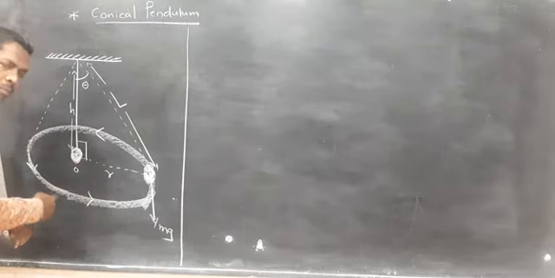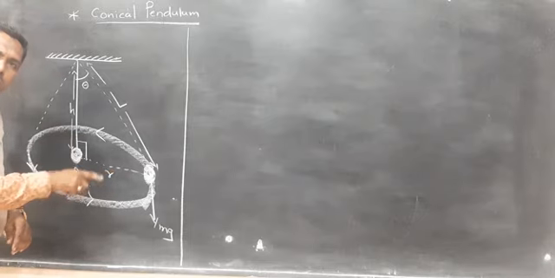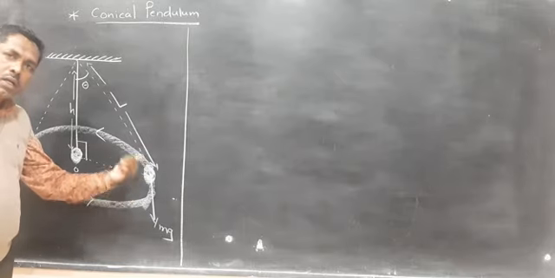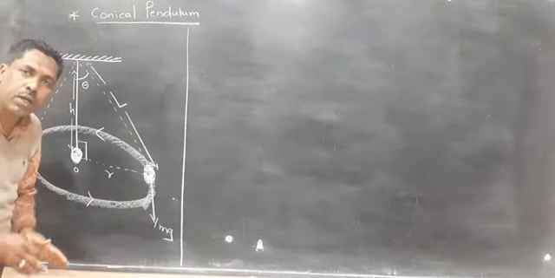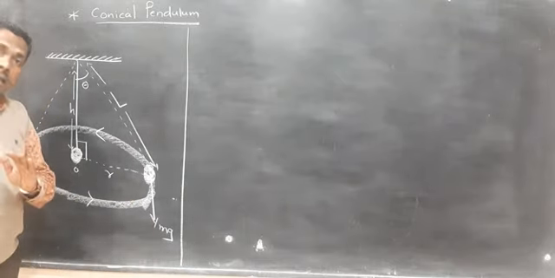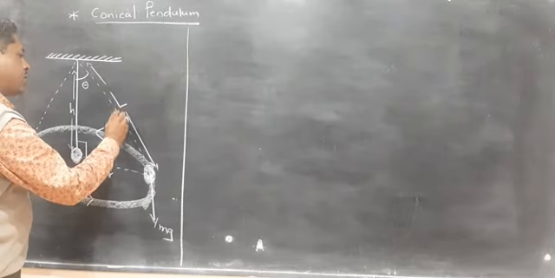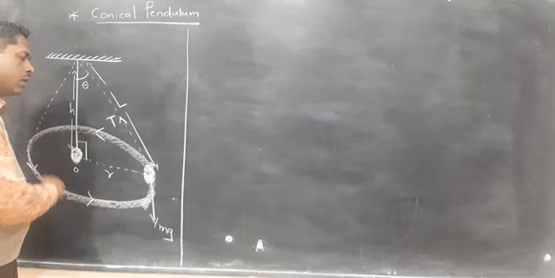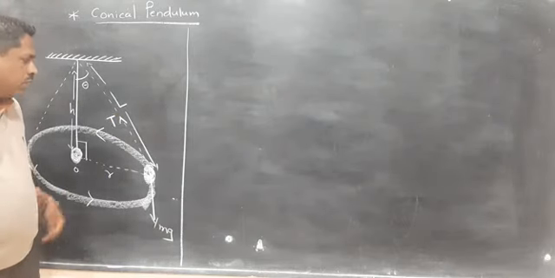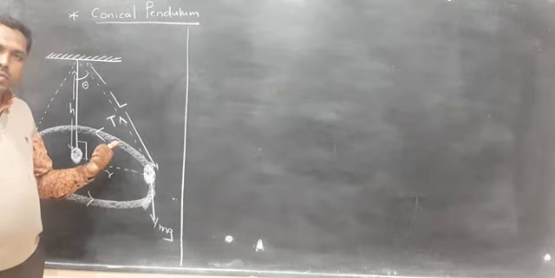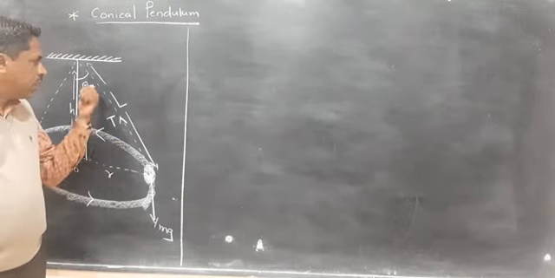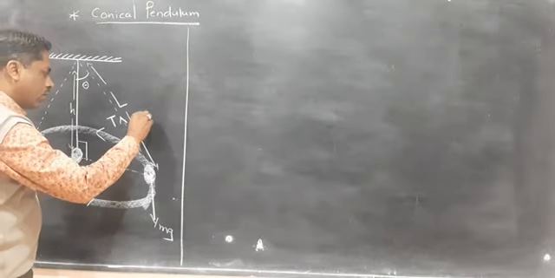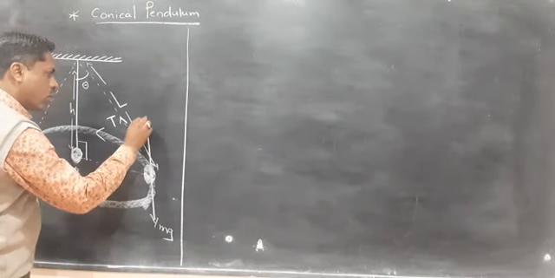Whenever the pendulum is revolving about its own axis in a horizontal form, its weight mg acts vertically downward, and at that time a tension generates in the string.